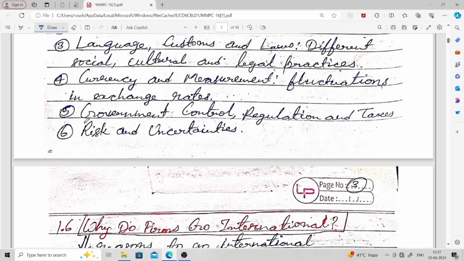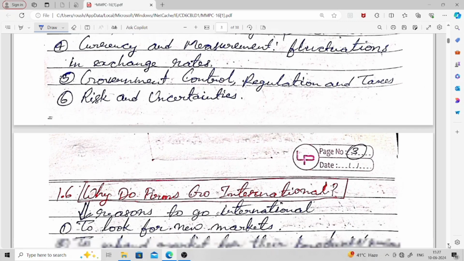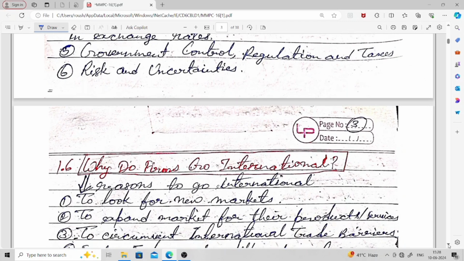Then the next you have risk and uncertainties. Risk and uncertainties are involved in international trade, because a firm in one country is doing business in another country, and that causes risk and uncertainties.